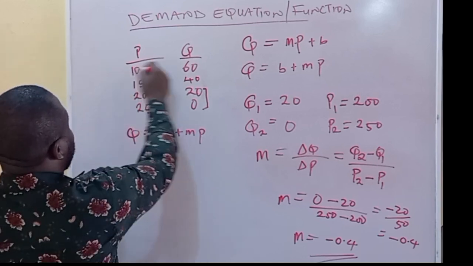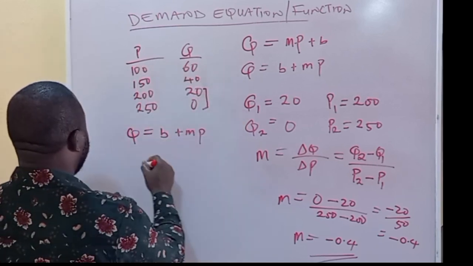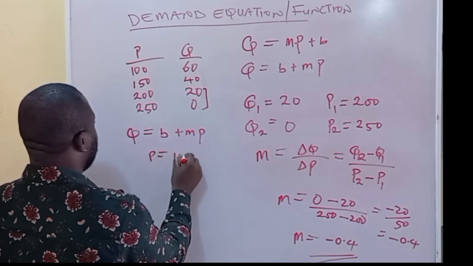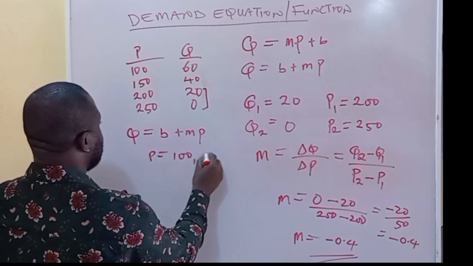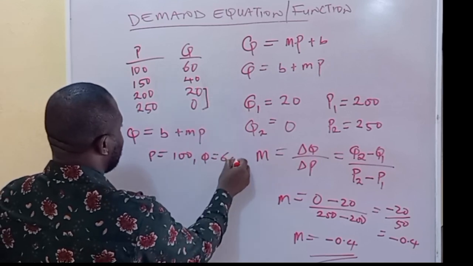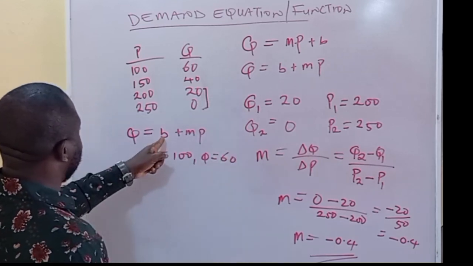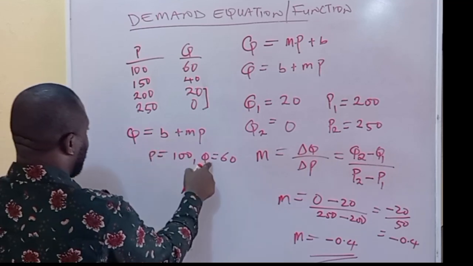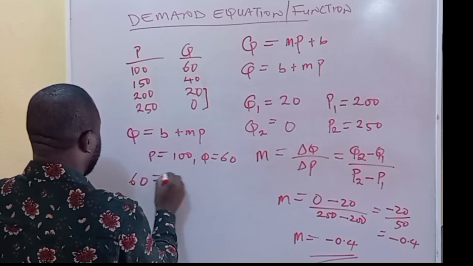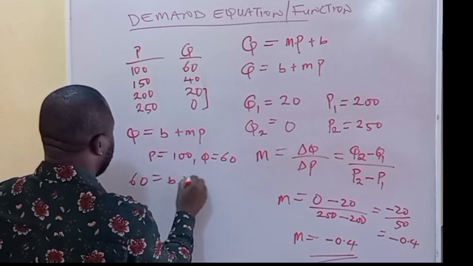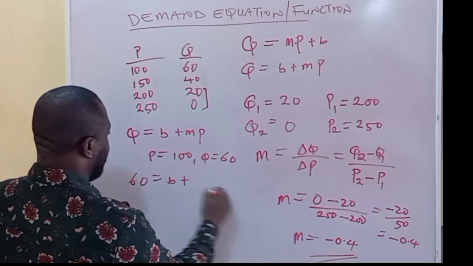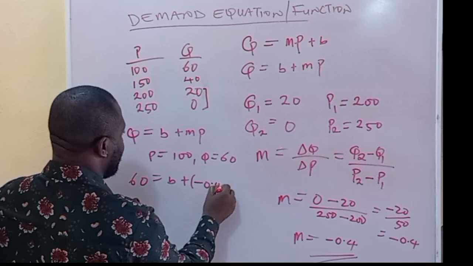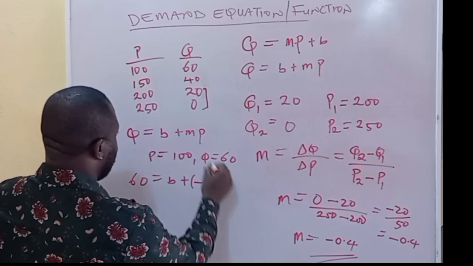Let's take the first pair, where price is 100 naira per apple and quantity is 60 units of apple. Quantity is 60, equals B, which we don't know, plus M, which is minus 0.4, multiplied by price.